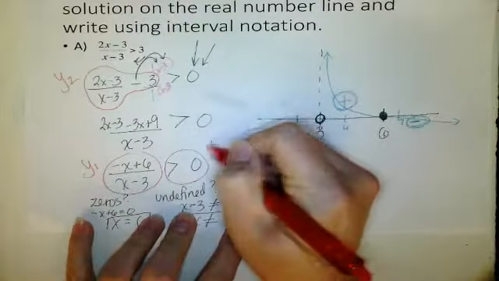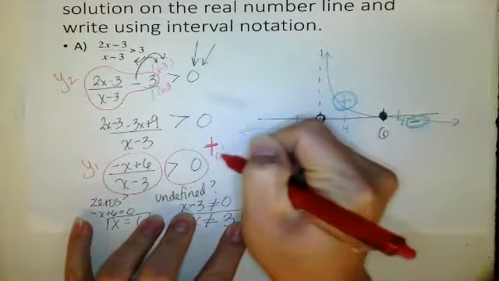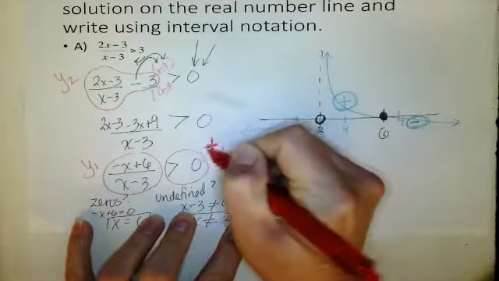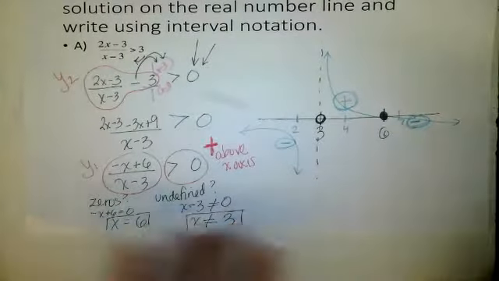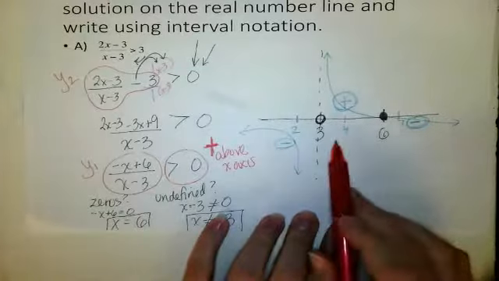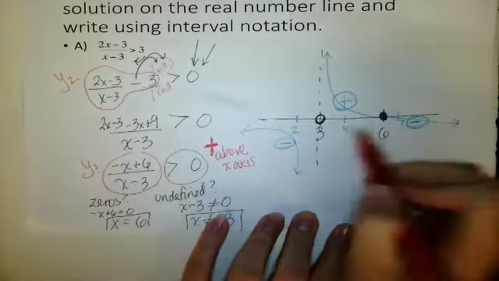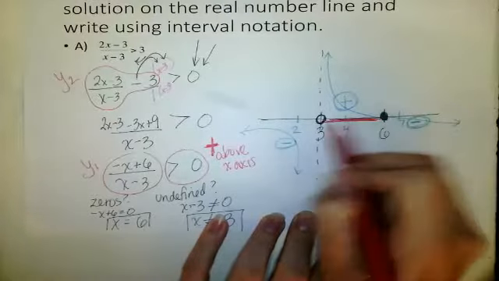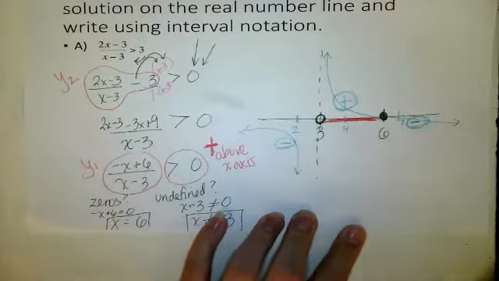Greater than 0, where we are positive or above the x-axis, okay? Positive outputs happen for what interval? 3 to 6 is the interval where we have positive outputs.